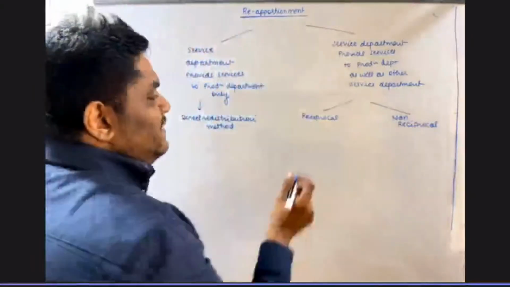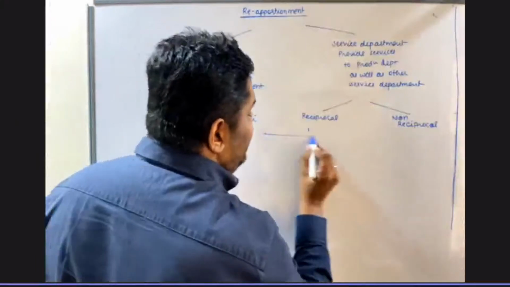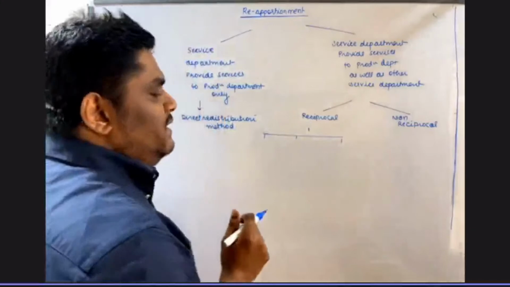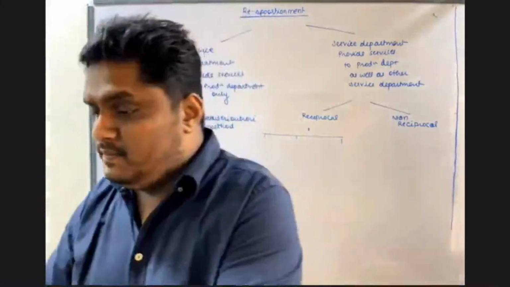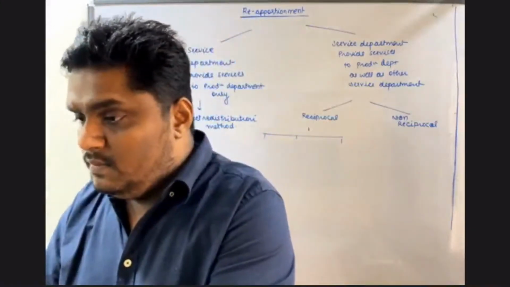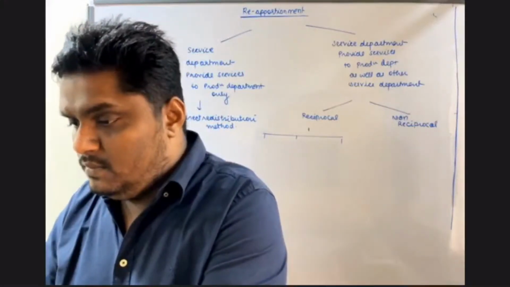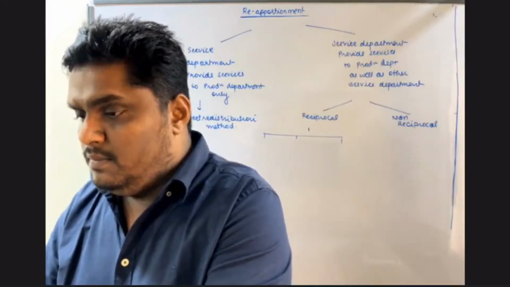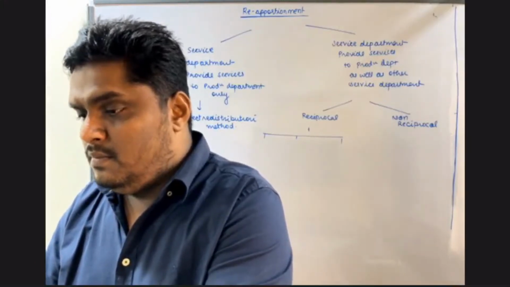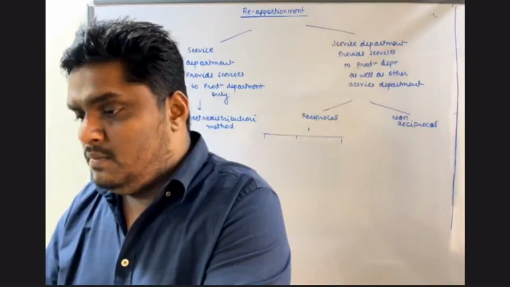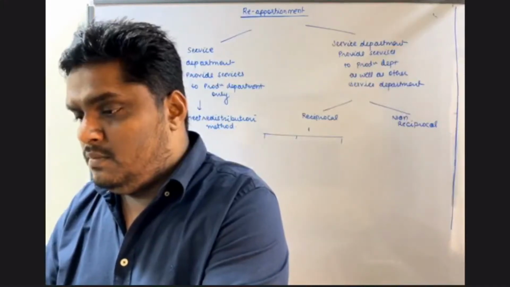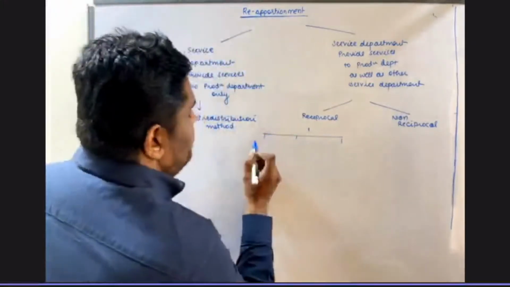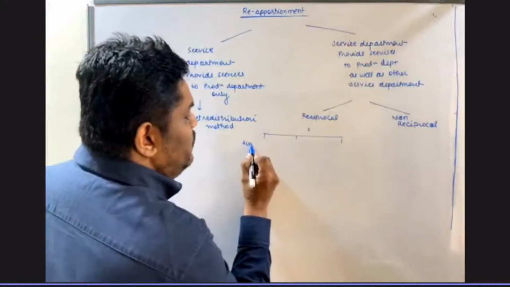Now in this case, we can reapportion the overheads by using any of the methods. There are three methods that are given. The first one is using simultaneous equation.